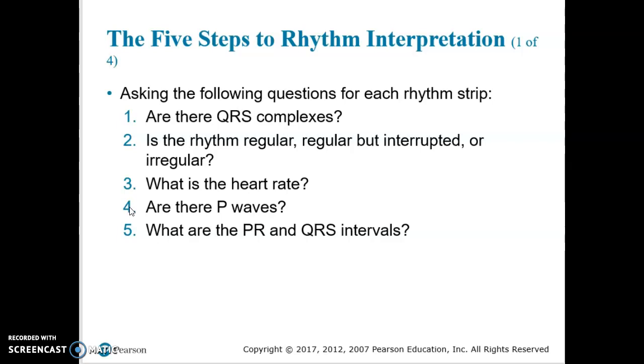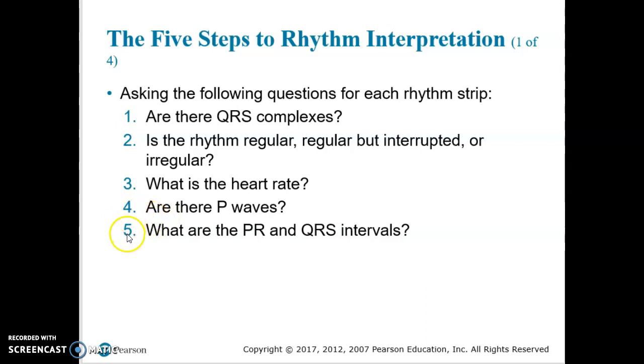Are any P waves not followed by a QRS? Do the P waves look the same in shape? Is the PP interval between beats the same, or does that PP interval vary? We're going to write all this down as we answer. We're going to have a worksheet in front of us and we're going to write all this down.